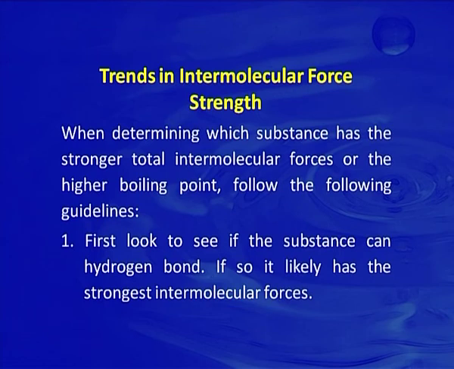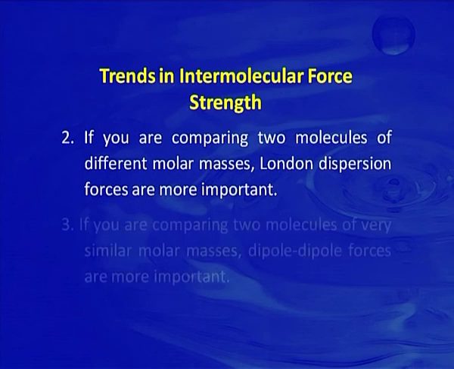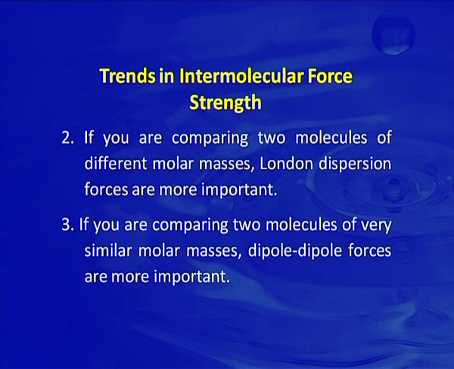If so, it likely has the strongest intermolecular forces. Second, if you are comparing two molecules of different molar masses, then London dispersion forces are more important. And if you are comparing two molecules of very similar molar masses, then dipole forces are more important.